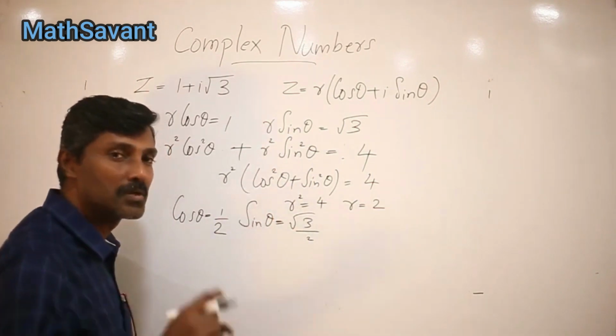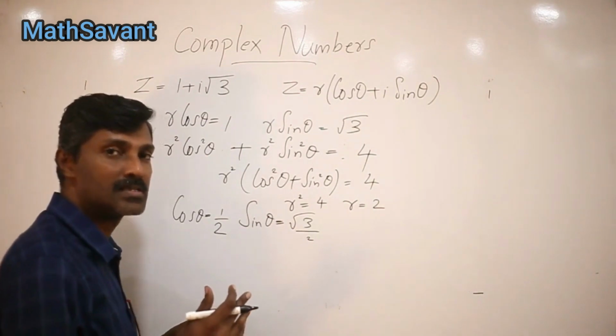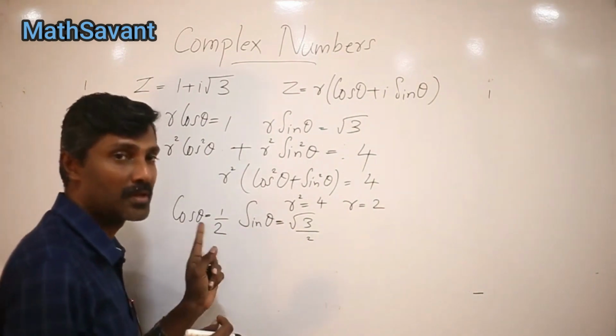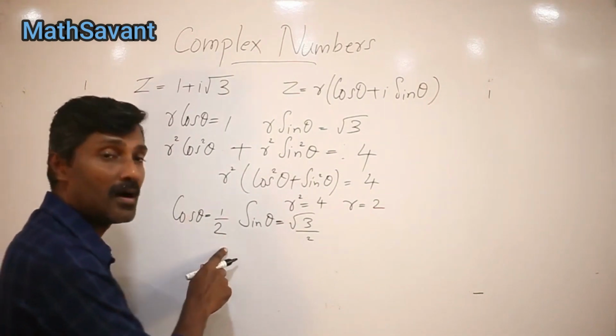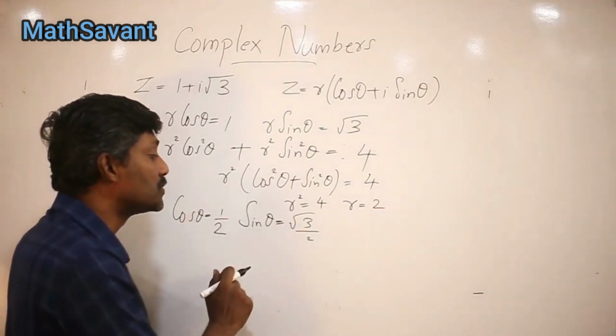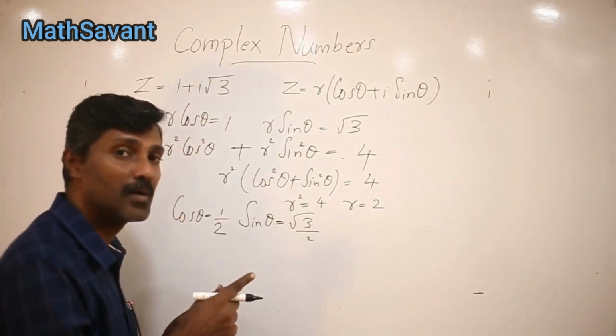Now, you need to remember the table of the angles of sine and cos to understand what is the angle corresponding to this, which satisfies these values. Cos theta is equal to half and sin theta is equal to root 3 by 2, which is that angle theta for which these two equations are being satisfied.